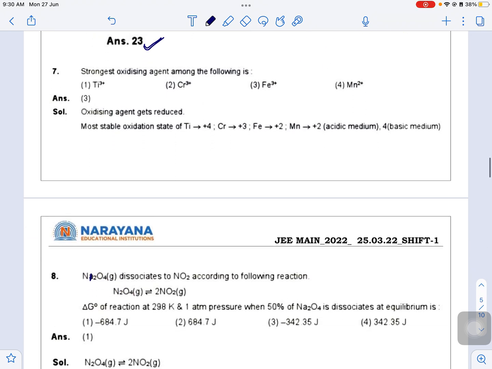So next question is, it is asked to identify the strongest oxidizing agent among the following.